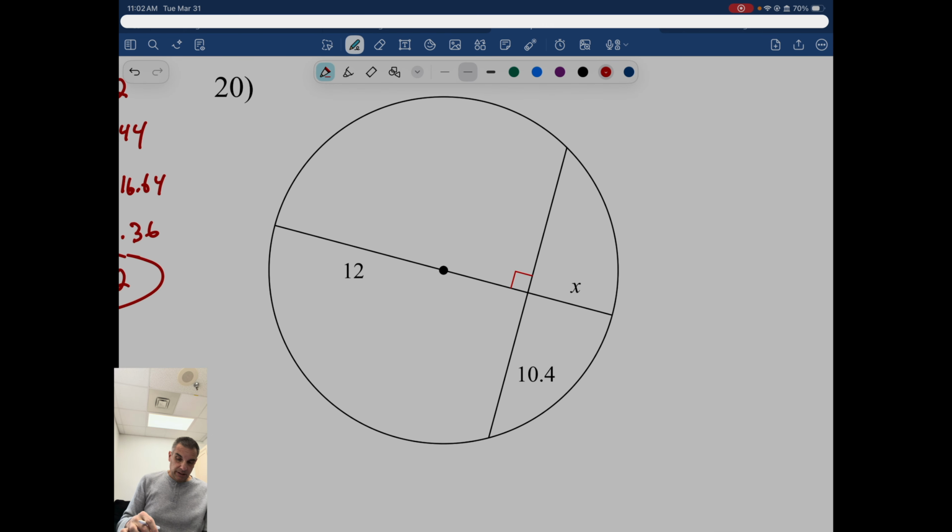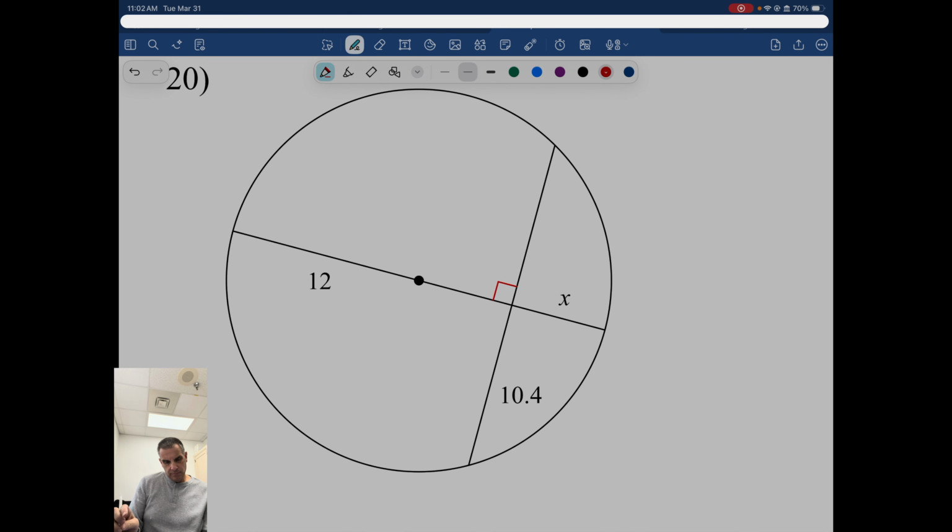And the last one. All right, so I know this radius is 12. So I know that distance has to be 12. I know this distance is 10.4. I have to find this distance right here.